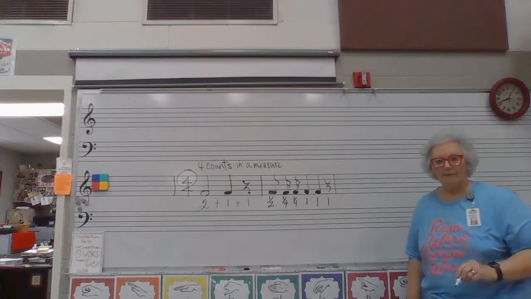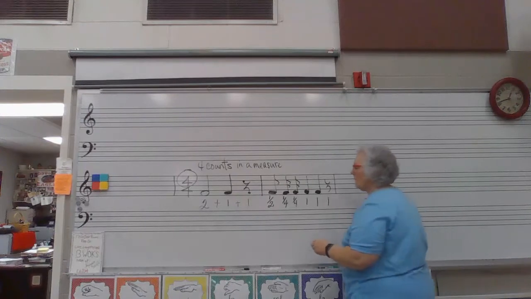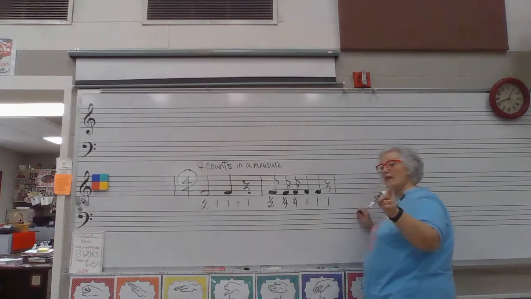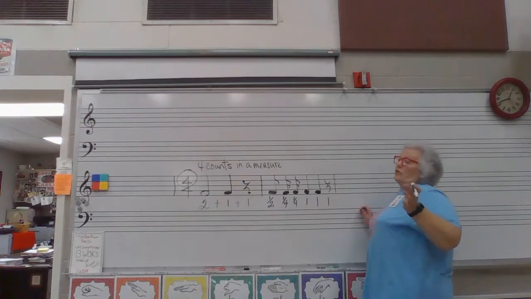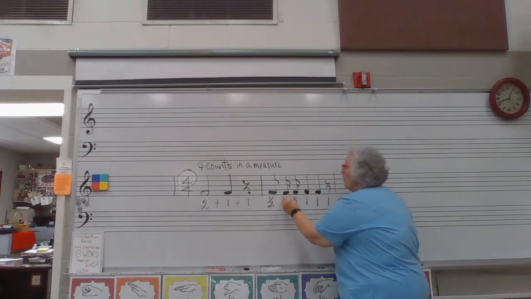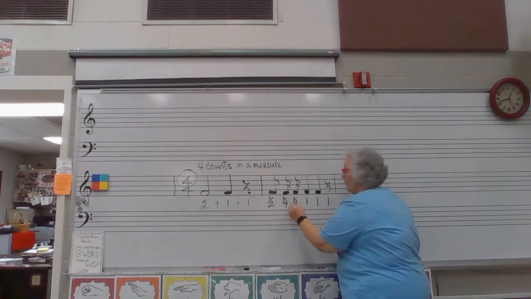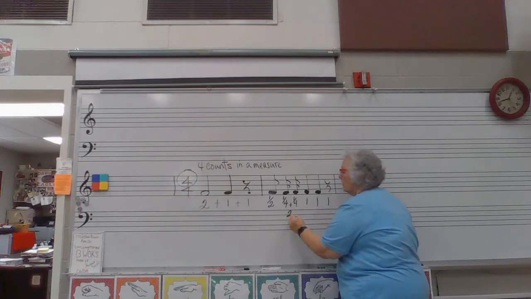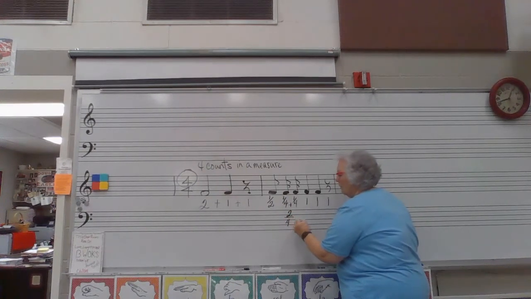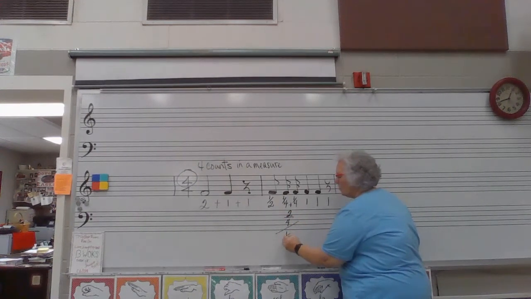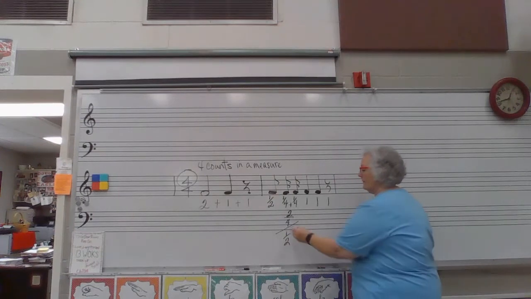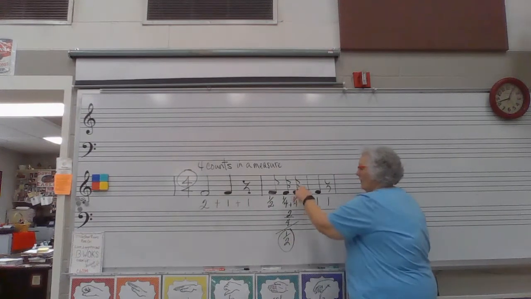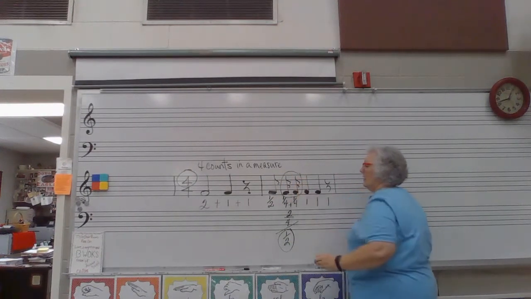All right, let's count it up. First, let's get a common denominator because we have to add fractions, correct? So 1/4 plus 1/4 equals what? 2/4. And if we simplify that, that is 1/2, correct? So that's what these guys are worth, is a half.